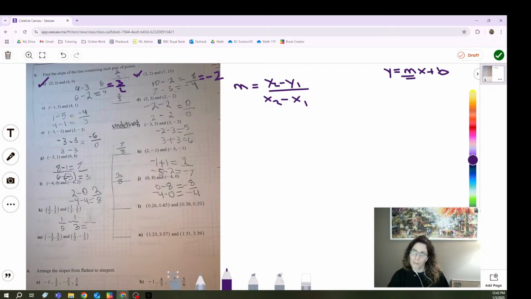This one you did 1 minus 5, 4 minus... Okay, so here's again where you got to watch those integer rules. You did 1 minus 5. That's right. But 4 minus a minus 1 is not 3. Right? You're subtracting.